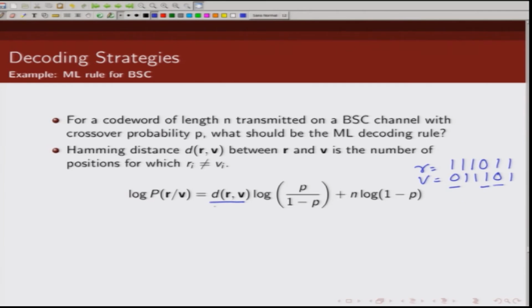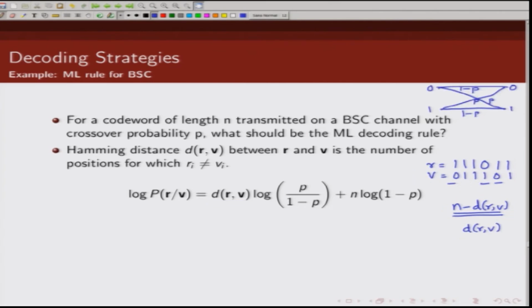So, the number of positions that got flipped is denoted by d(R,V), and the remaining number of bits which did not change is n minus d(R,V). So, these many bits did not change and these many bits got flipped.